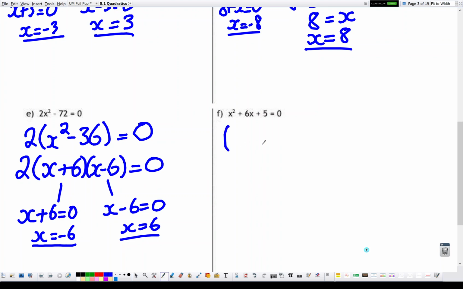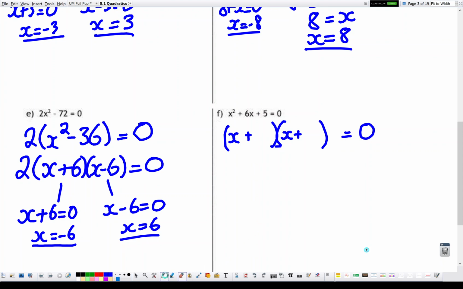I would recommend trying to do it mentally when it's all positives, because if it's all positives, it must mean it's x plus and x plus, which equals 0, and then all you have to do is think of two numbers that multiply to give me 5 and add to give me 6. It's not quite the same as the one we did in the starter, although it looks very similar.